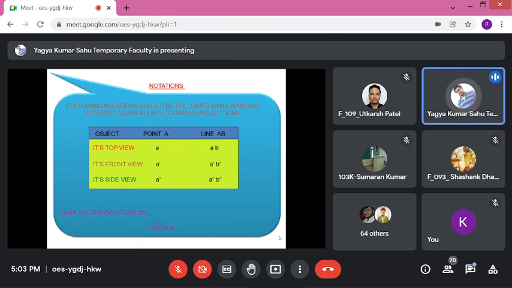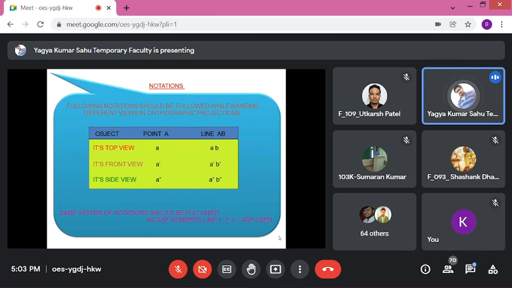First of all, notations of all the views. If there is a point A, its top view should be written as small a, and if it is a line, then small ab. And its front view? A single dash: for a line, A dash B dash. For the side view, A double dash, or you can write A1 also, and for a line, A double dash B double dash.